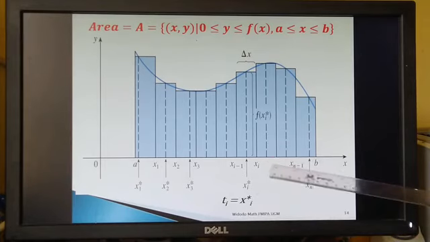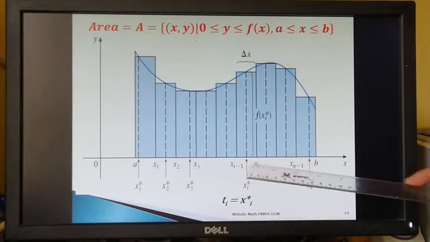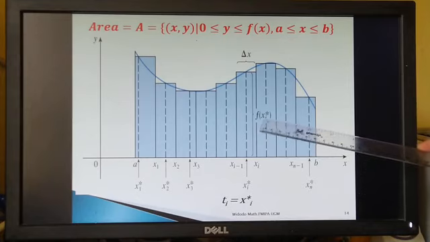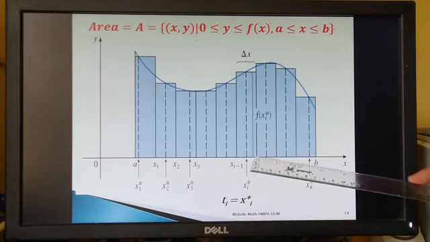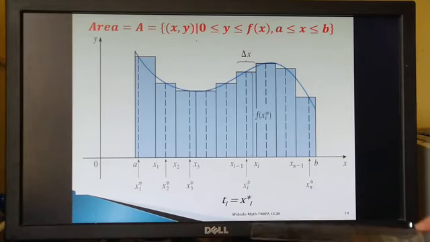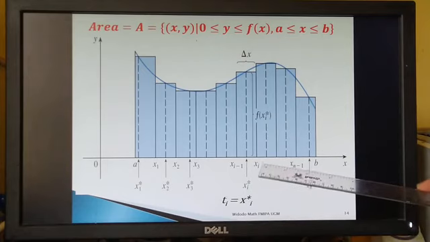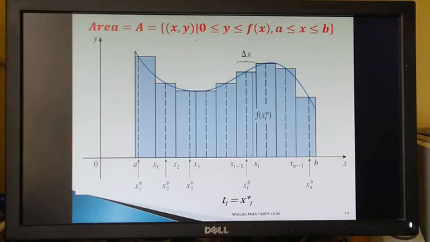Then we have a rectangle with height f(xi*), and the width is delta xi, which is xi minus x(i-1).